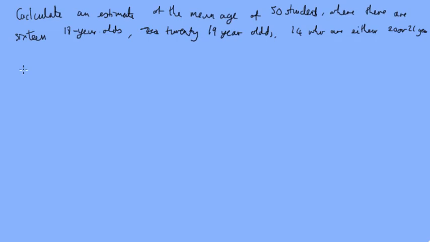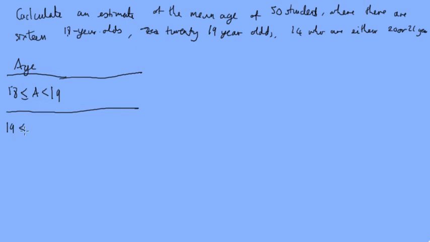So we're going to do our age, and we're going to write that as a range. So for 18 to 19, it's up to 19 but not including 19. And we have 19 less than or equal to the age up to 20.